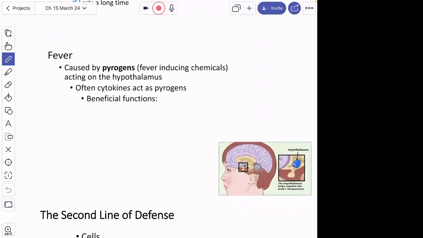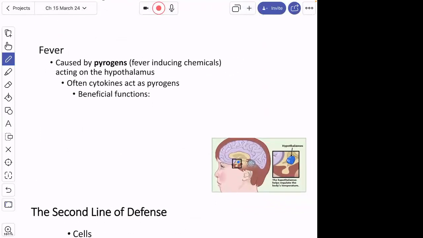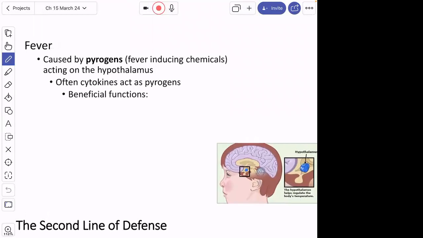So one other consequence of inflammation can be fever. And anything that causes a fever, we call it a pyrogen. So that prefix pyro means fever inducing. What kind of things can act as a pyrogen?